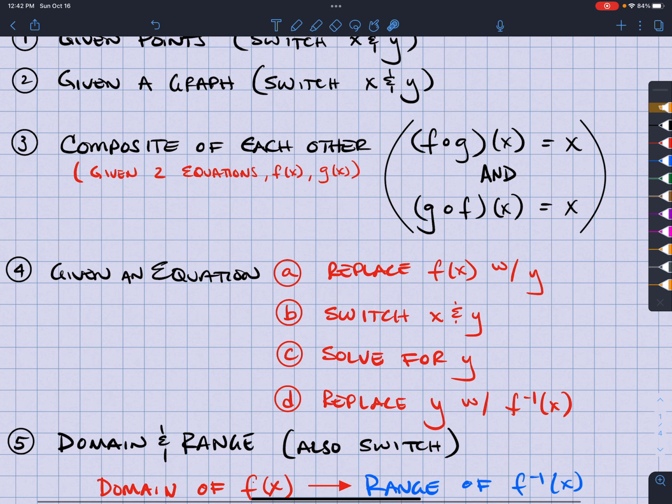Then if you flip them, g composite f of x, and also get x, then they are inverses of each other.